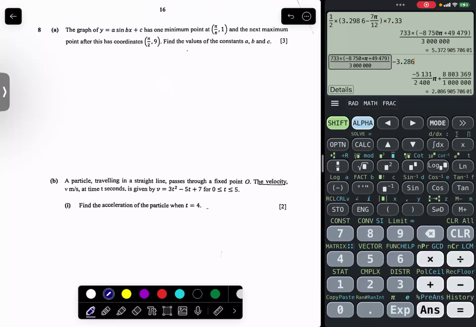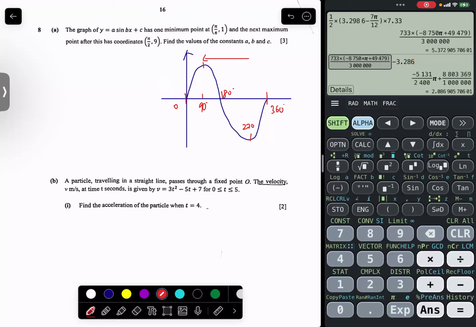So sine graph, by right, this is a sine graph, 360. This is supposed to be 90, 180, 270. So from the maximum to the minimum, the graph is actually half a cycle, right?